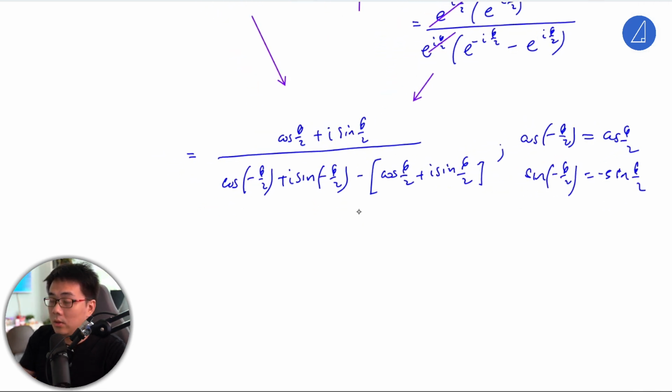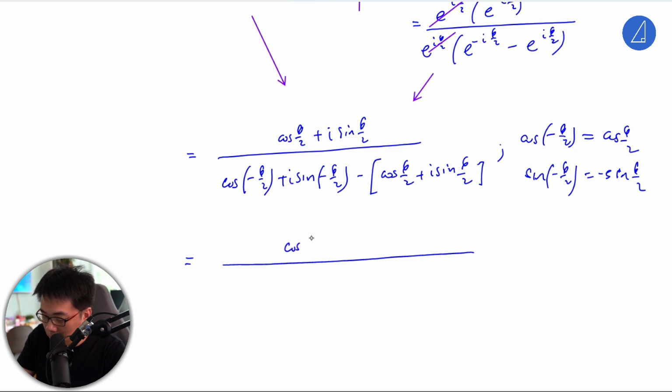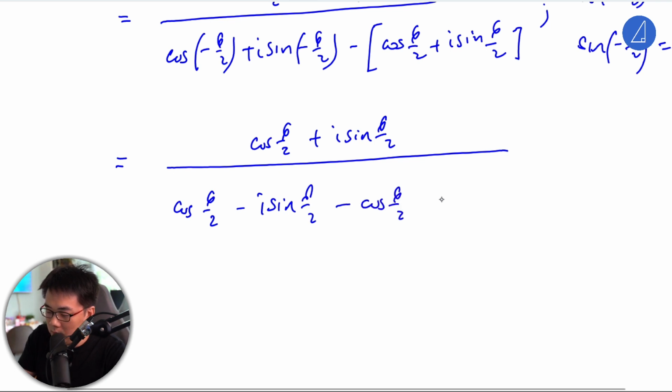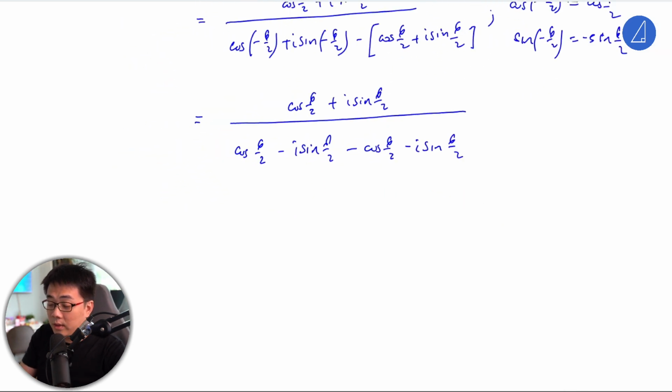So this would be cosine theta over 2 plus i sine theta over 2, over cosine theta over 2 minus i sine theta over 2 minus cosine theta over 2 minus i sine theta over 2. Because we just need the real and imaginary parts, we just get this 2i sine theta over 2 here, cosine theta over 2 here.